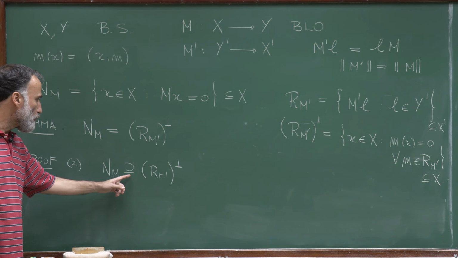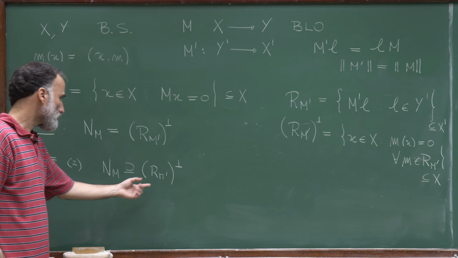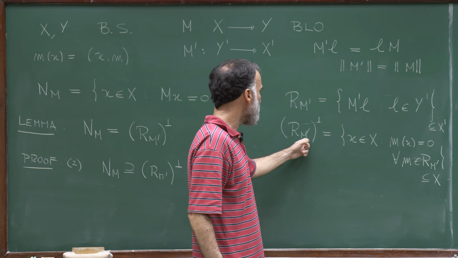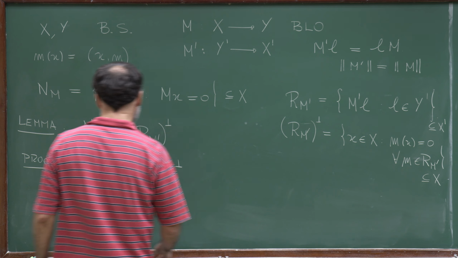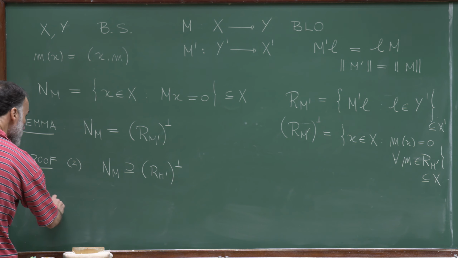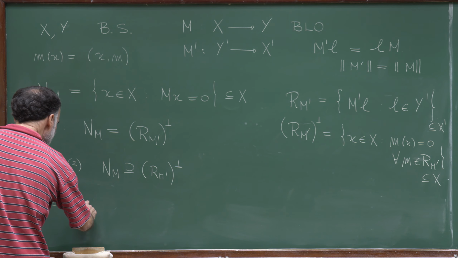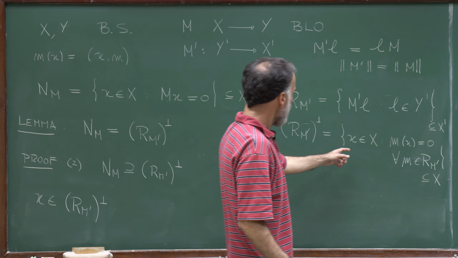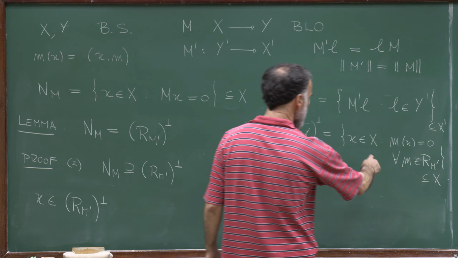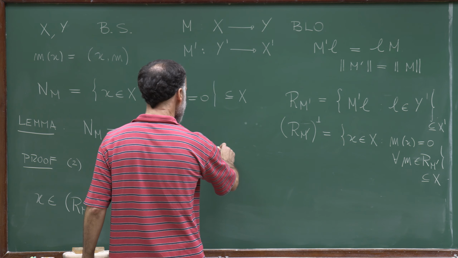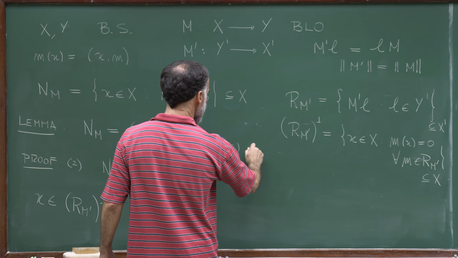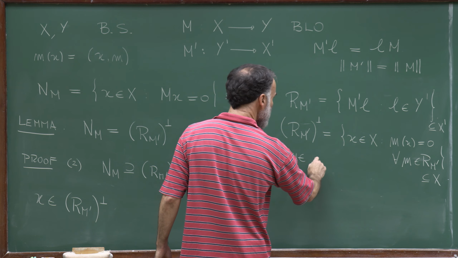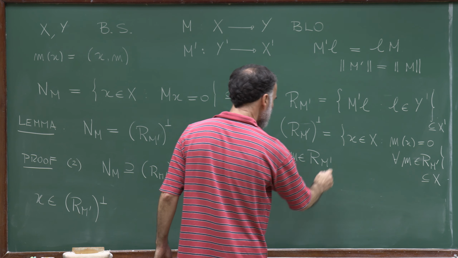So it remains to prove the converse inclusion, that this set is contained in that set. So the perp of Rm prime is a subset of the null space of M. Let's take an element X in Rm prime perp. The definition of Rm prime perp tells me that M of X is equal to 0 for all M in the range of M prime.